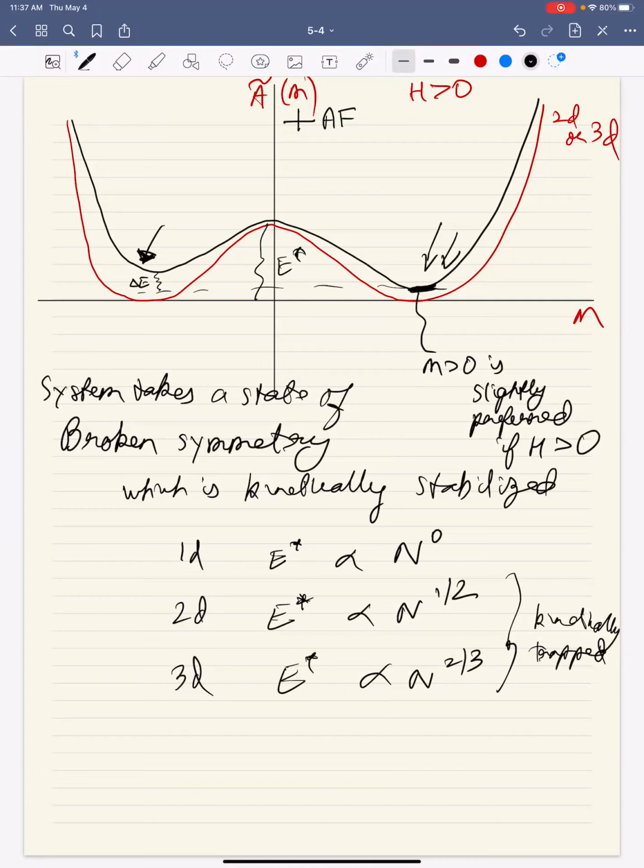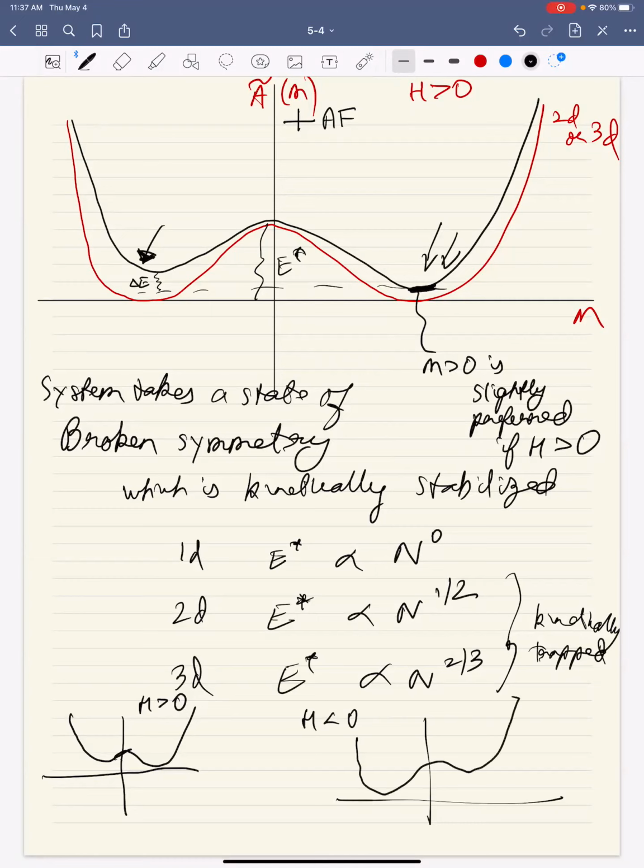Any questions about this? Go ahead, Patrick. Can you explain why changing the sign of the magnetic external field? Yeah, so if H was more than 0, we had a free energy that looked like this, right? If H was less than 0, we have a free energy that looks like this.